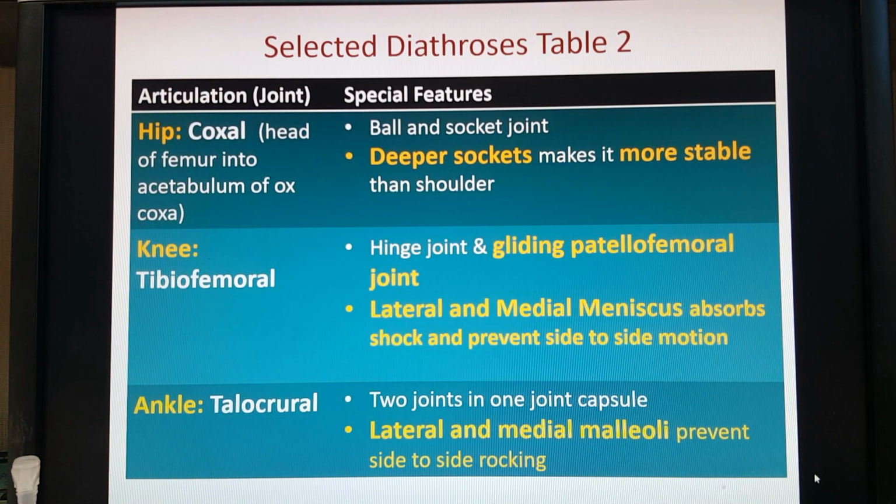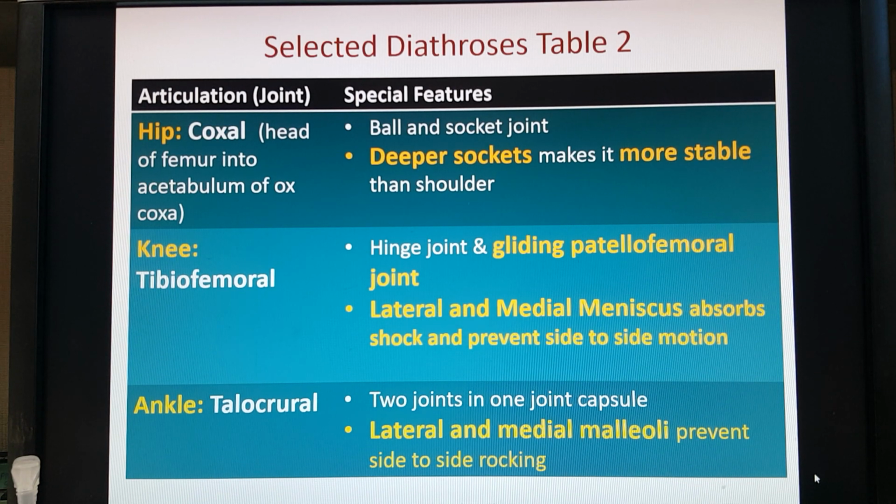Okay, the next table has the last few joints, and then I'll go through the more details and pictures and whatnot. So our hip joint, which is also called the coxal joint. Remembering that we have our os coxa hip bone there, it's the head of the femur into the acetabulum of your os coxa.